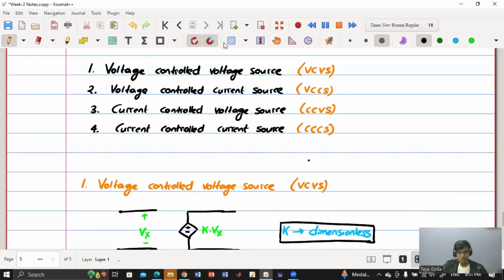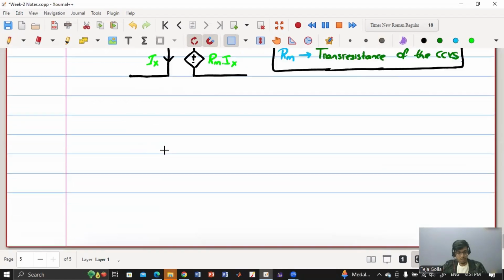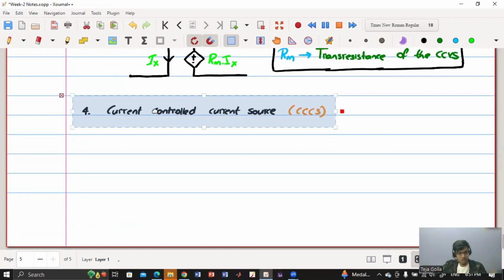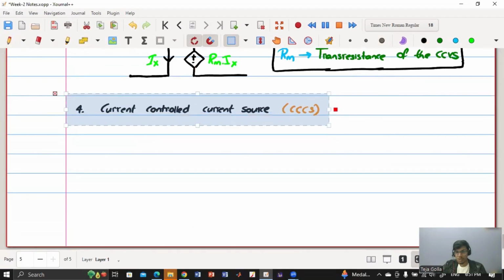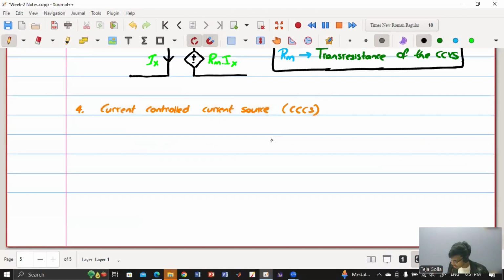Now we'll go to the current controlled current source, which is our fourth source. And as understood, the current is controlling another current source. So basically how we can draw it: on the left hand side we have a current, on the right hand side also we have a current, and that is dependent on this value.